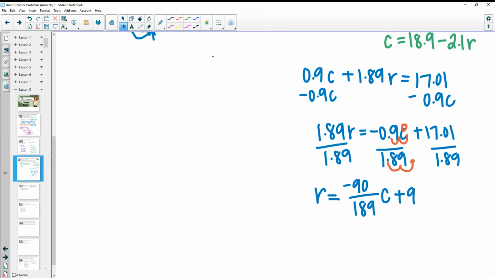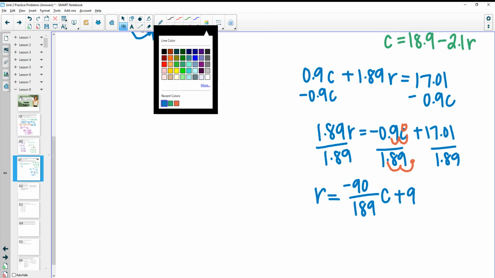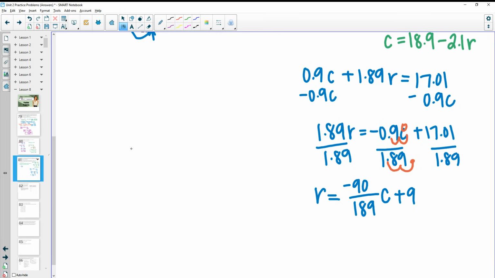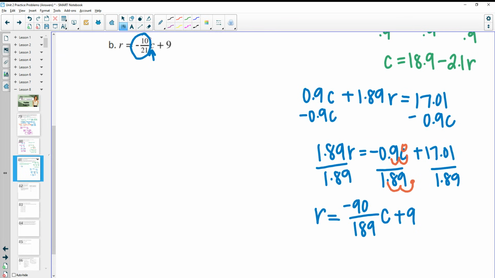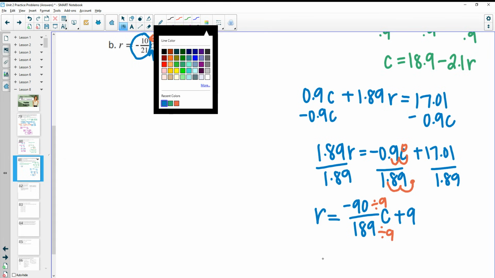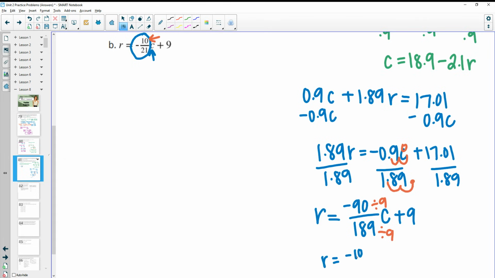So now when I look at this fraction here, to get the top number to be the same, this top number is 90. So I would divide this by 9 and divide this by 9. And we get that r equals negative 10 over 21, because 189 divided by 9 is 21, and then c plus 9. So then you can see that they're equivalent.